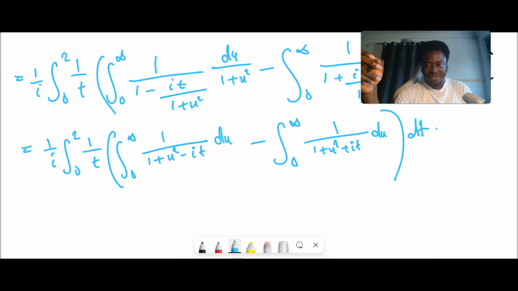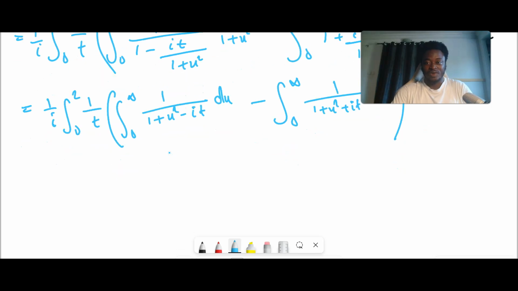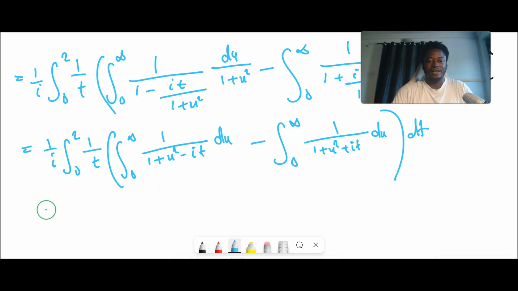So right here you can see that a lot of progress is being made, but I know you are wondering what about the i outside and the i inside? Well, everything will cancel out neatly at the end. When you do the right things, everything will turn out good. So let's do the right thing first.